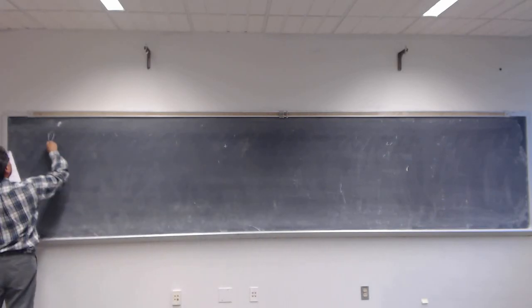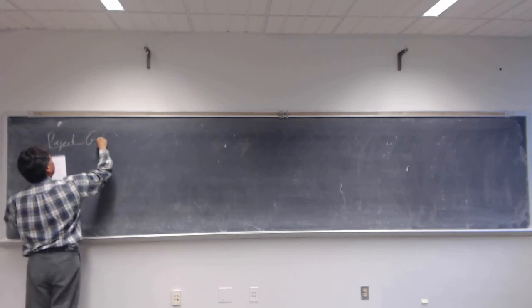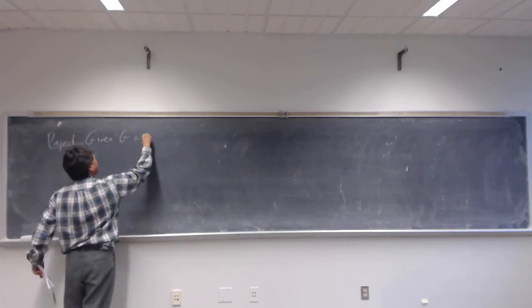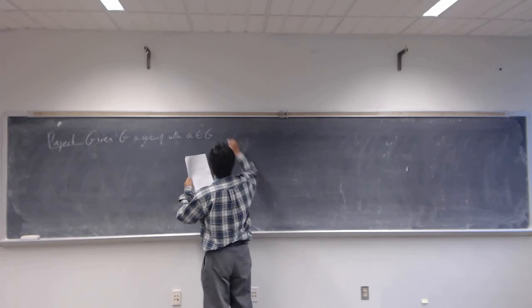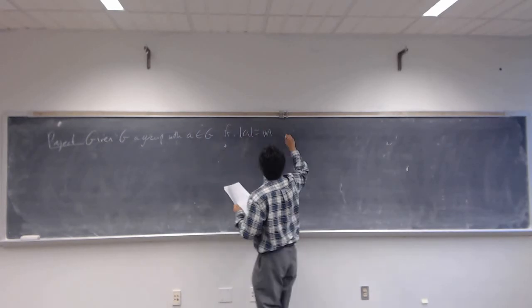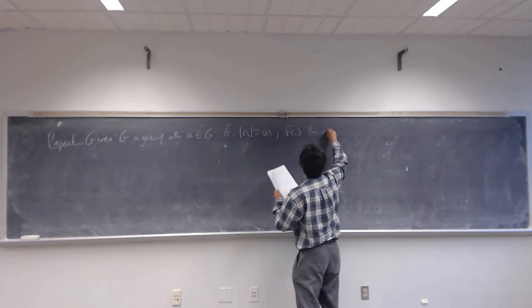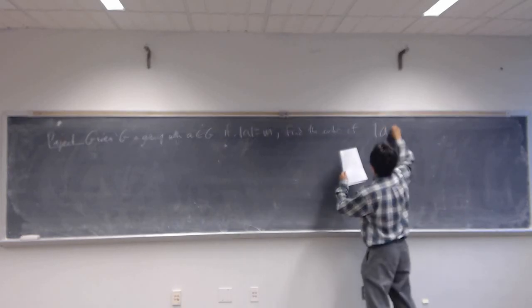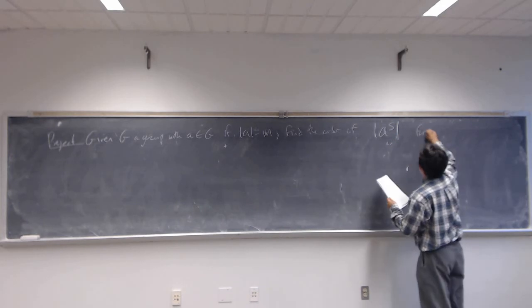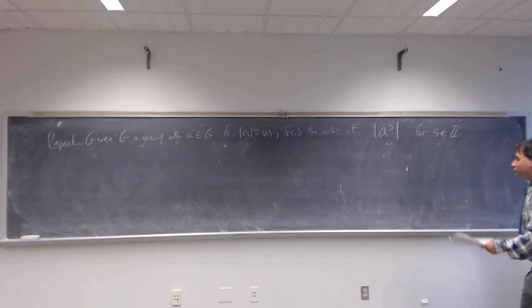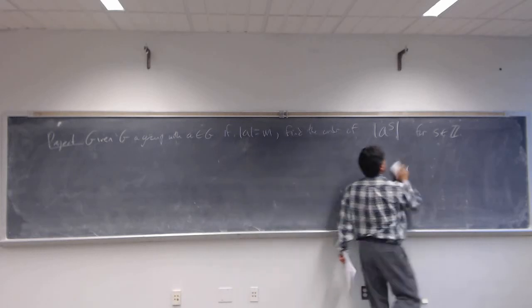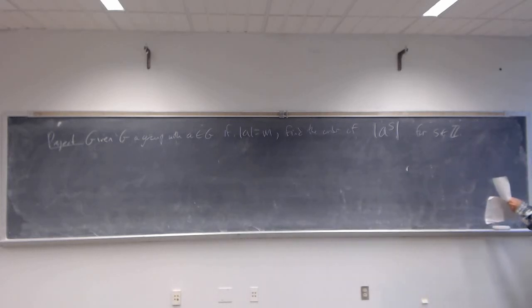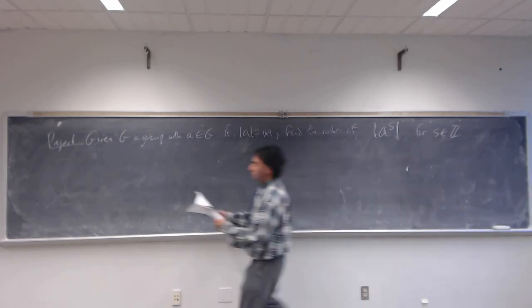Kind of a project: given G a group with a an element of G, if we have an element of finite order, find the order of a raised to the s for s any integer in Z. And so what we end up showing is the following, and let's complete this project.